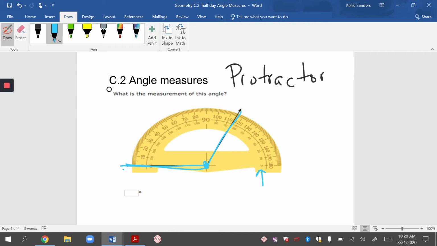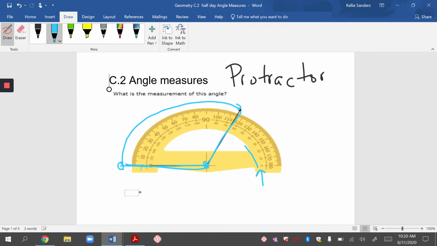It doesn't really matter which one you use as long as you know how to read the protractor. So what happens is, they have this ray at 0 and this 0 is on the outside. So we are going to look at the numbers on the outside of the protractor and not the numbers on the inside of the protractor.